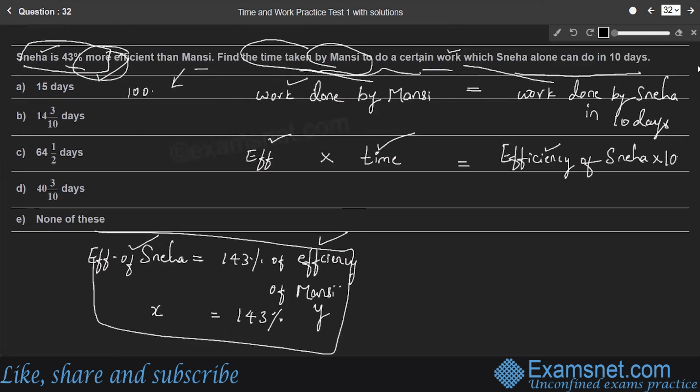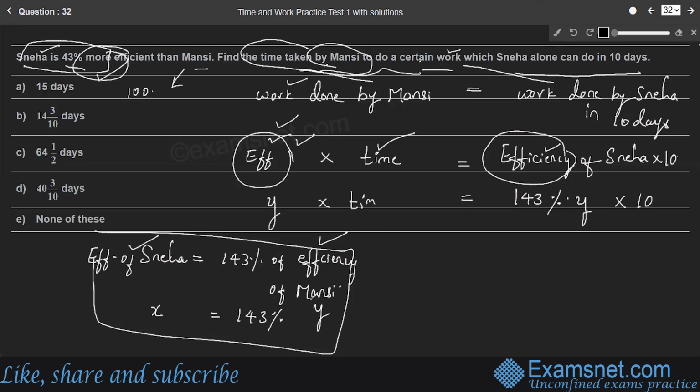So here what is to be calculated? The time taken by Mansi. For that we need to express the efficiency of Sneha in terms of the efficiency of Mansi. Here the efficiency of Sneha is 143% of Y, 143% into Y into the number of days taken by Sneha, 10 days, which is equal to the efficiency of Mansi, Y, into the time taken by her.